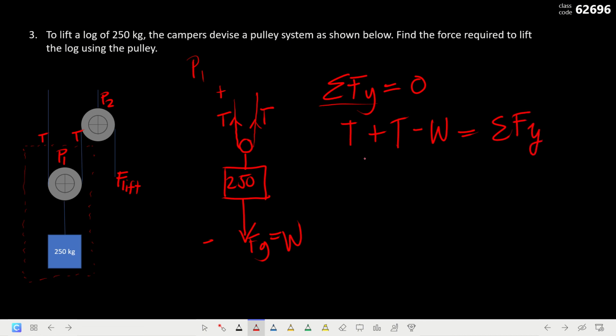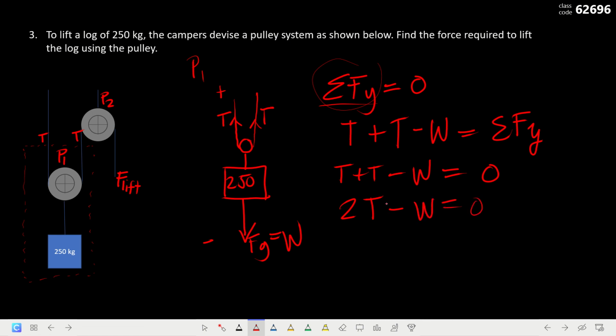Let's substitute this term with our equation. So, we have T plus T, tension plus tension, minus the weight of the object is equal to 0. Since they are the same, let us make this 2T. So, we have 2T, 2 tensions, minus the weight of the object is equal to 0.